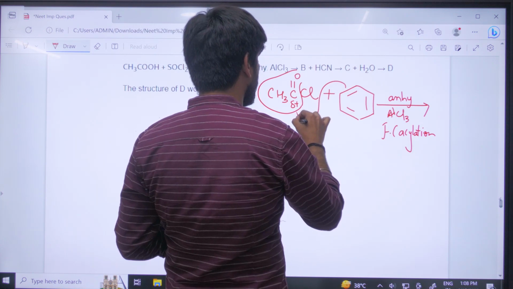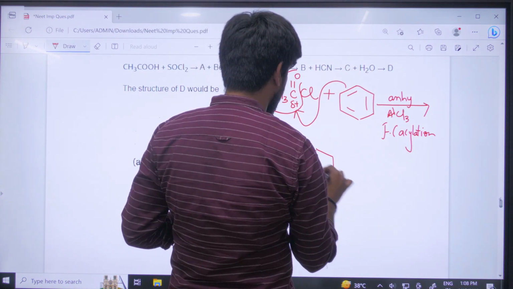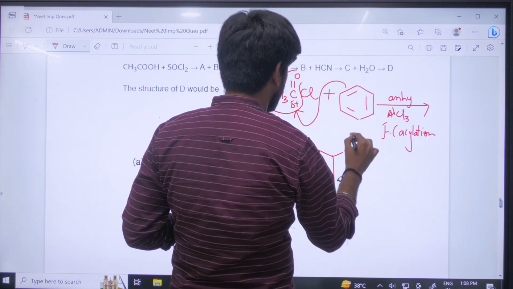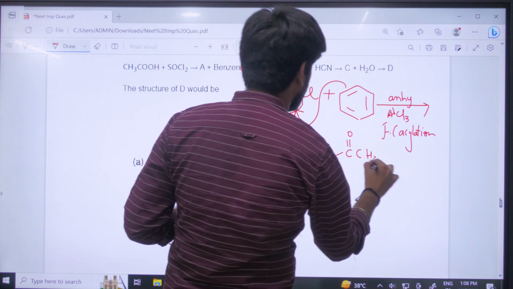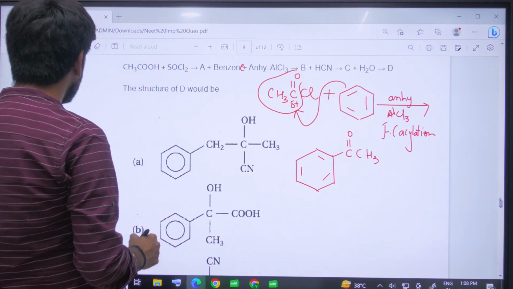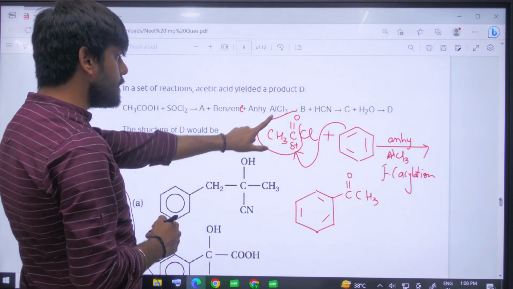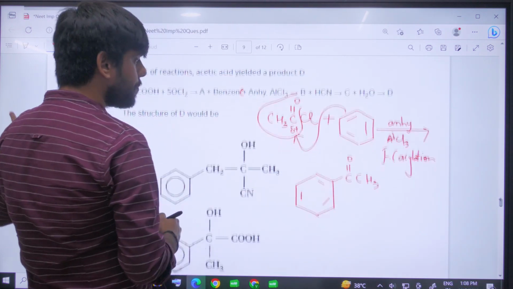So this will attack on this carbon, and what I have is something like this: C double bond O CH3. This is your acetophenone. So acetophenone is B.